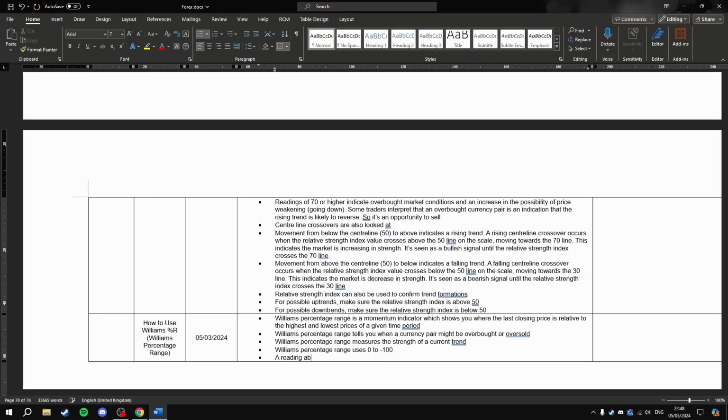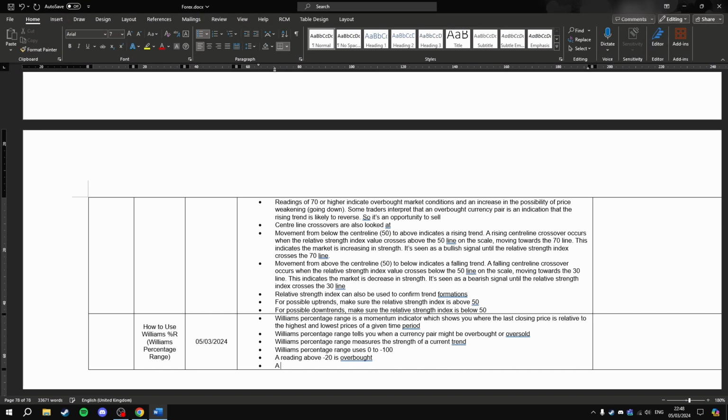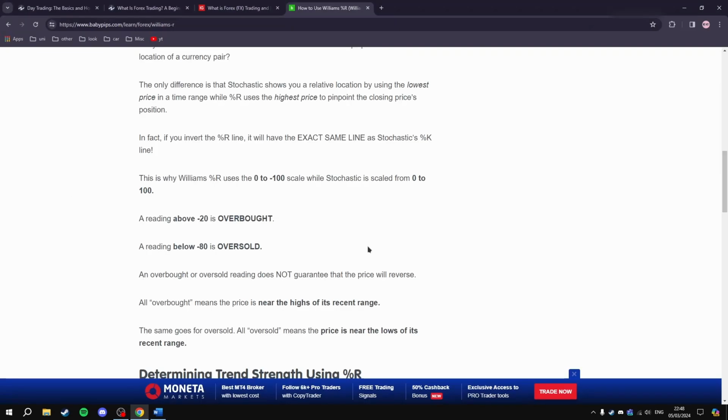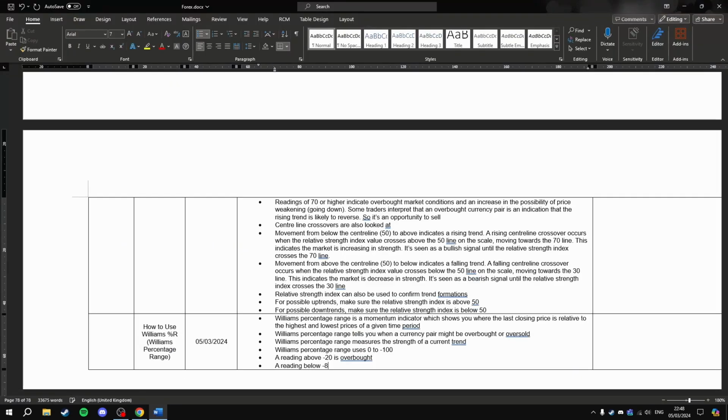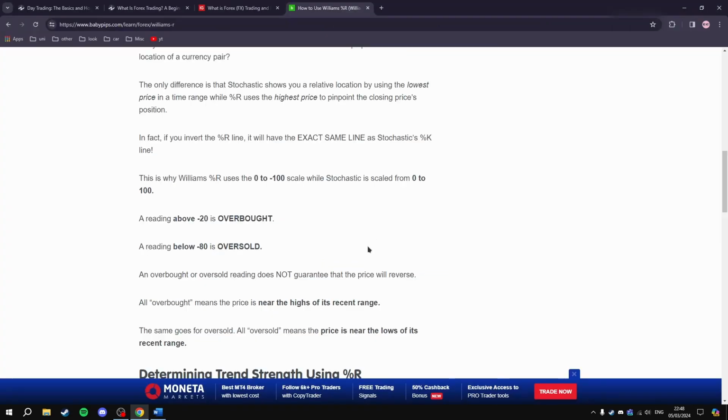A reading above minus 20 is overbought. A reading below minus 80 is oversold.